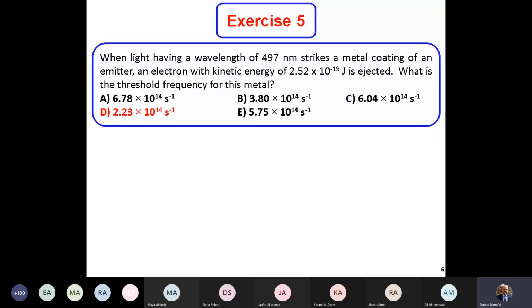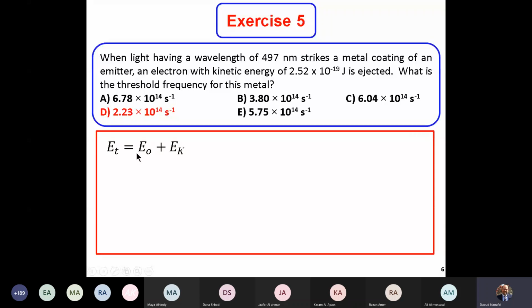We can calculate E total since we have lambda of the radiation. E0 is the binding energy of the metal, or the threshold energy, so this is the unknown. And from E0, we can calculate the threshold frequency nu0. Ek is the kinetic energy, which is given.